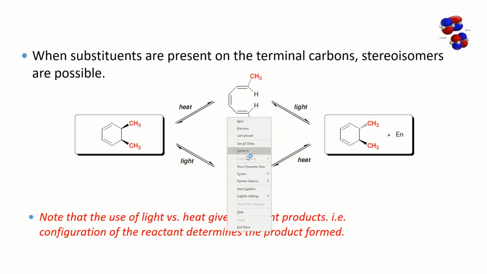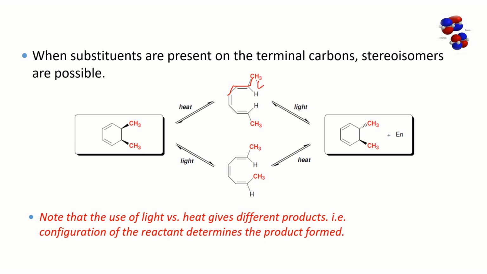Let's just make sure we know this nomenclature before we move on. Note, in the conjugated triene, that first alkene is of course E. See, it's trans around this double bond.